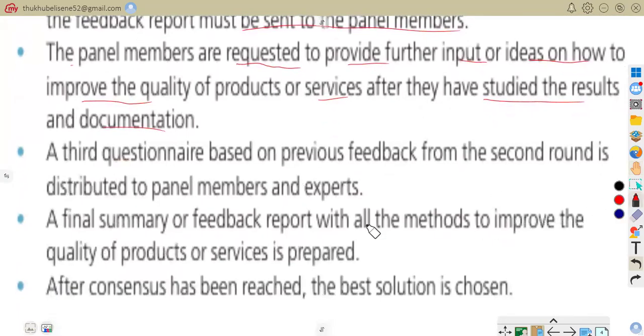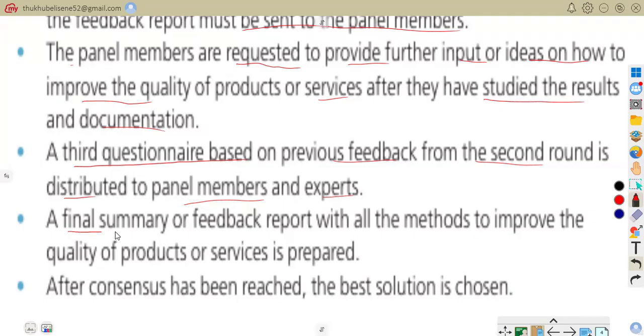So it now says a third questionnaire based on previous feedback from the second round is distributed to the panel members and experts. The third questionnaire is sent, meaning more refinement of ideas. For example, final improvements are suggested.